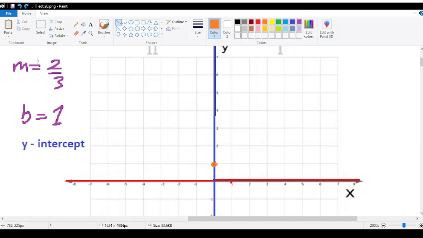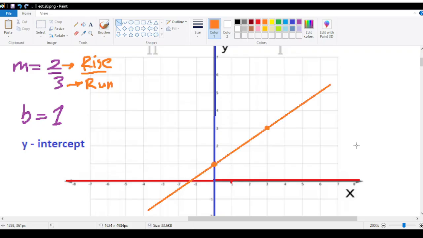Then you will go to the slope. The slope is 2 over 3, so it's rise over what? Run. So we will rise from the point we already graphed. We will rise 2 units, and then we will run 3. So we will reach the other point, the final destination. After that, we have 2 points. Just connect them with a straight line, and you are good to go. Understood?